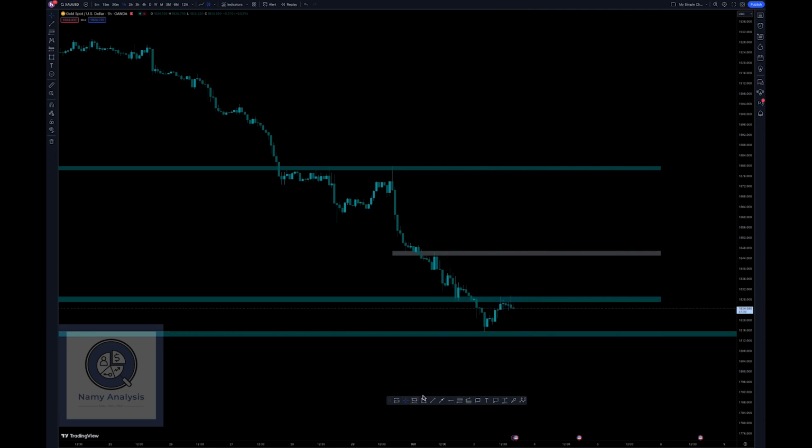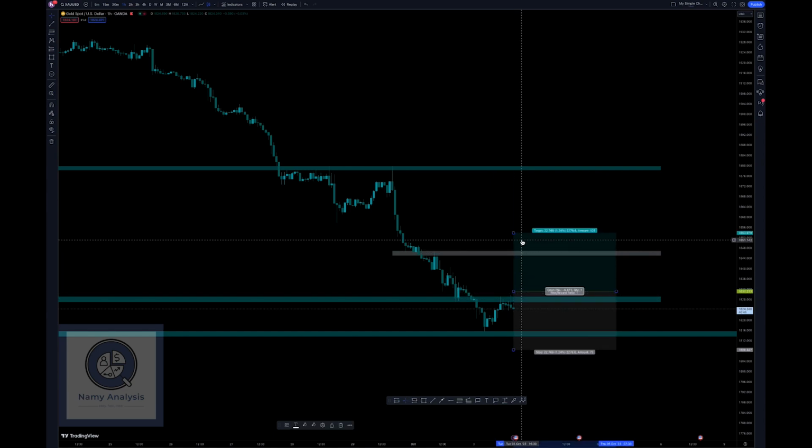My first scenario is going to be trading this range. I'm not going to trade this range here. If I get the closing above here, I'm going to go to the 30 minutes or 15 minutes time frame to find my entry. I'm going to enter around here.